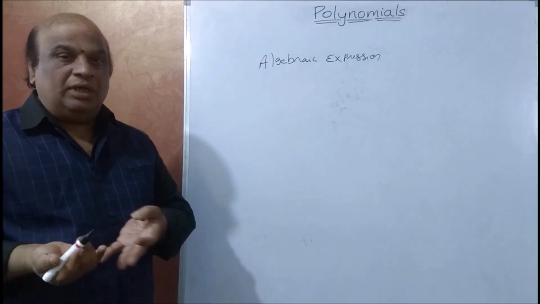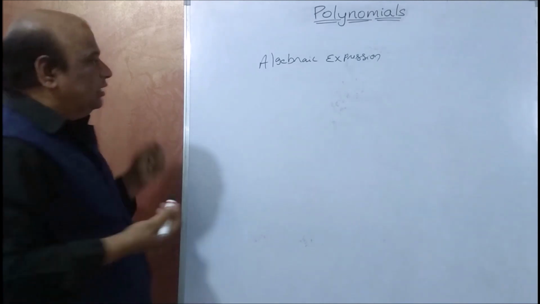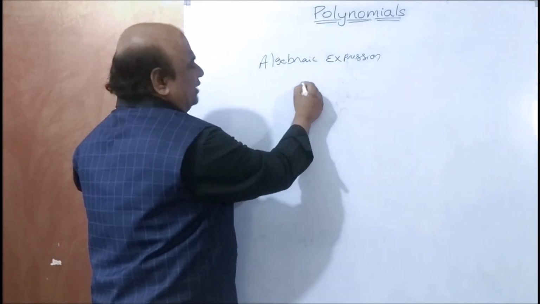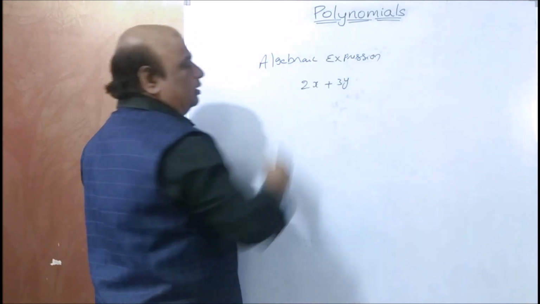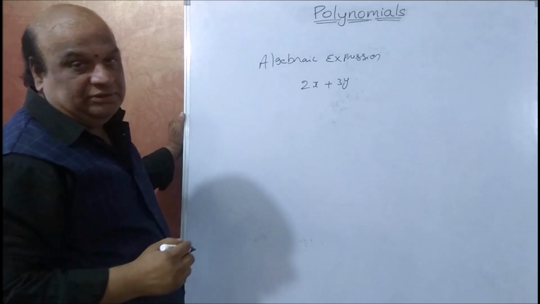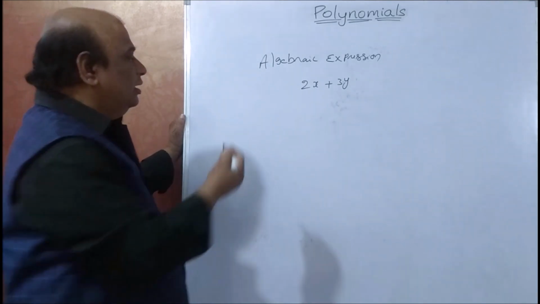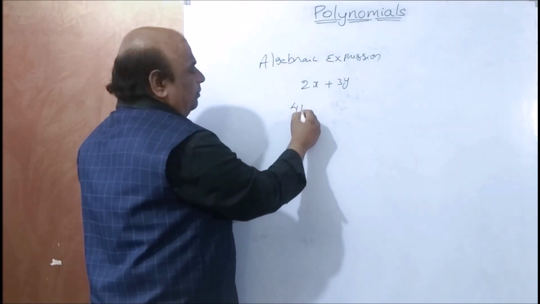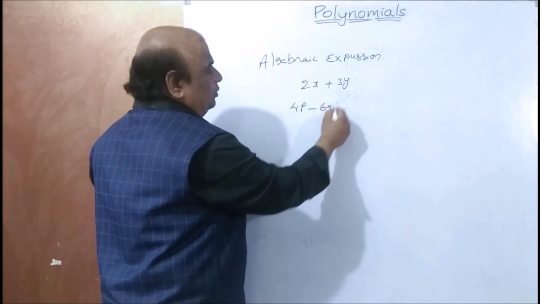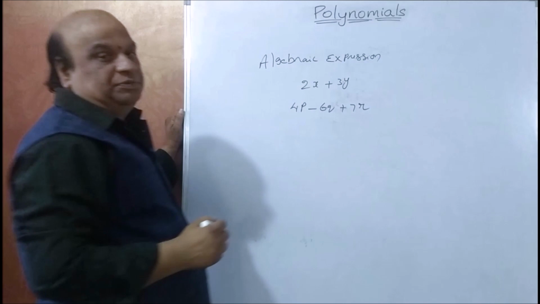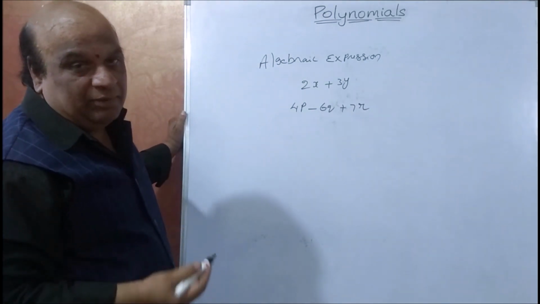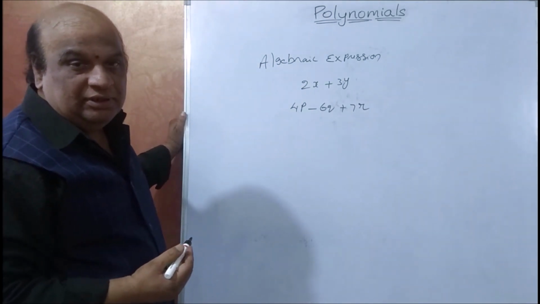Already we discussed the algebraic terms. Suppose 2x plus 3y. It is an algebraic expression. Or 4p minus 6q plus 7r. It is an algebraic expression.